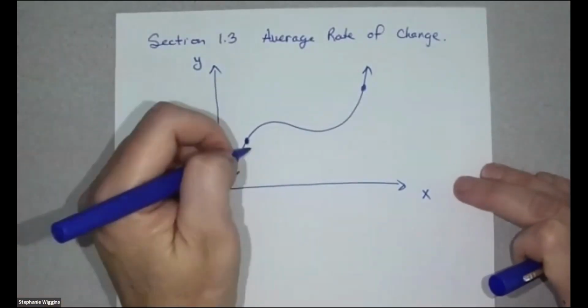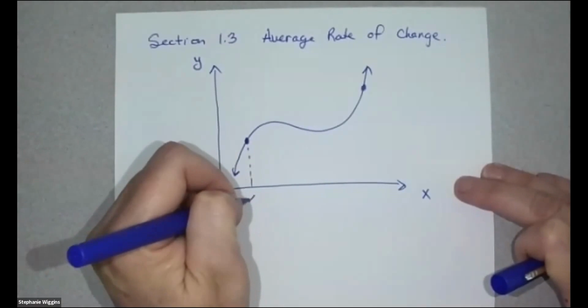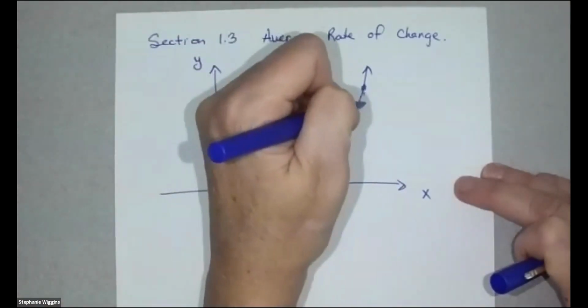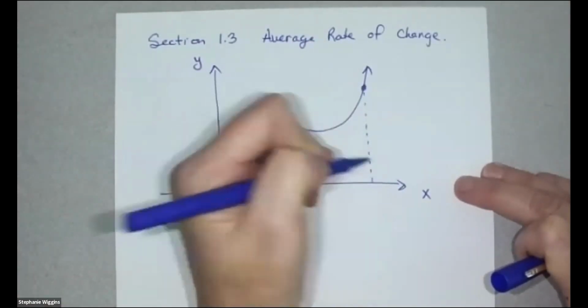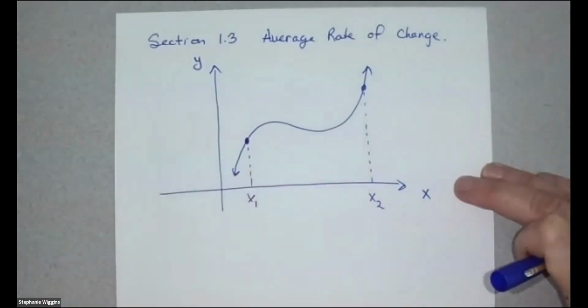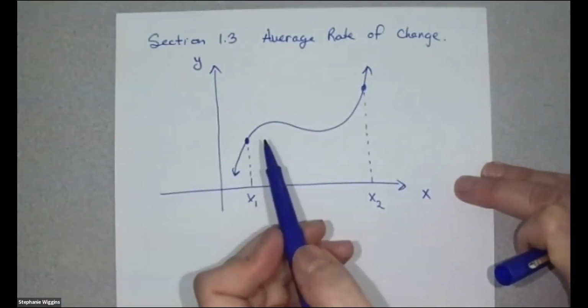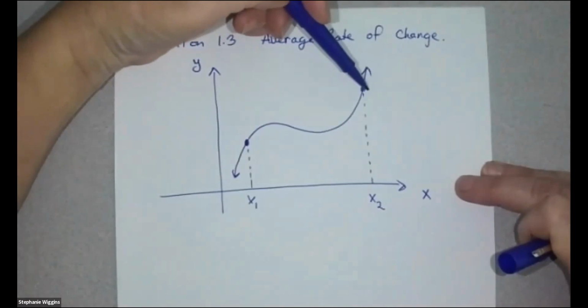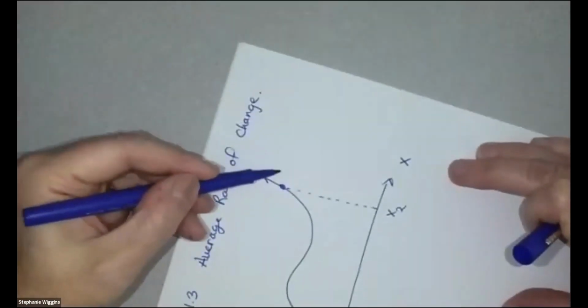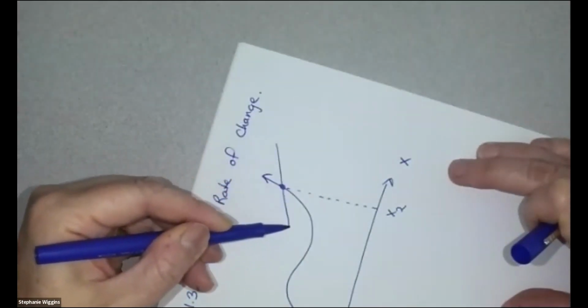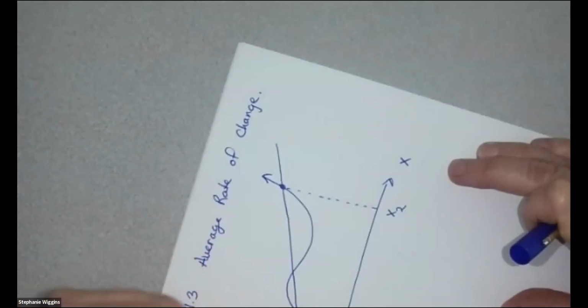So let's call this point here x1, and we'll call this point down here x2. So I'm going to try and draw a straight line. It's easier if I tip my paper. Okay.